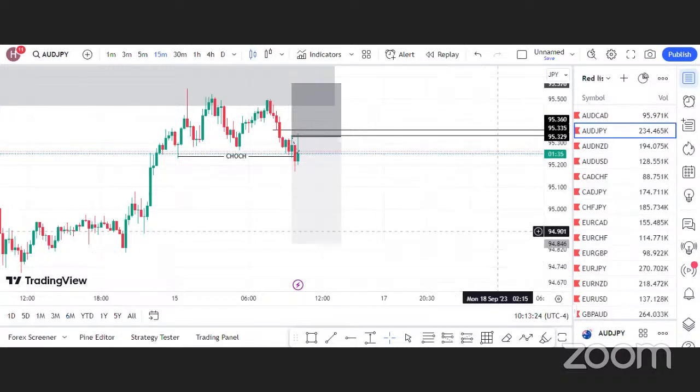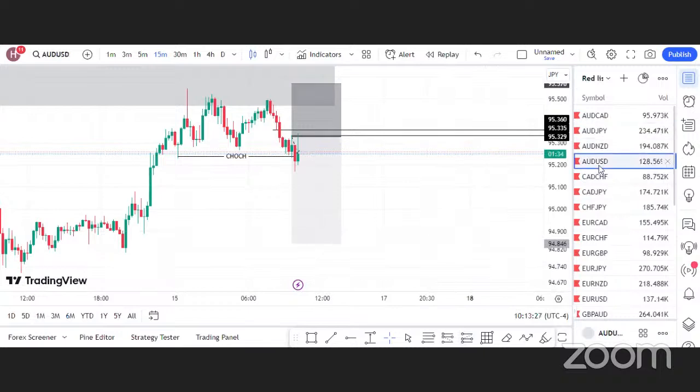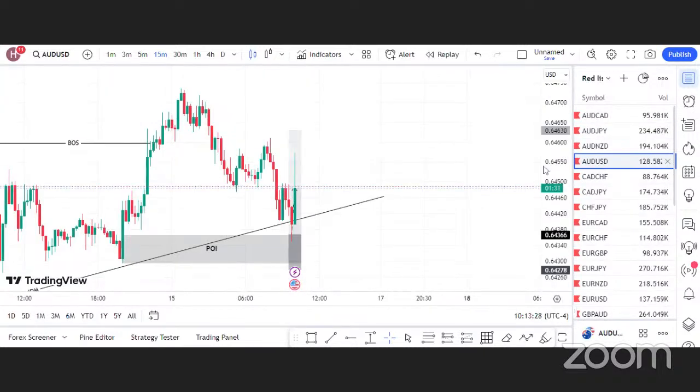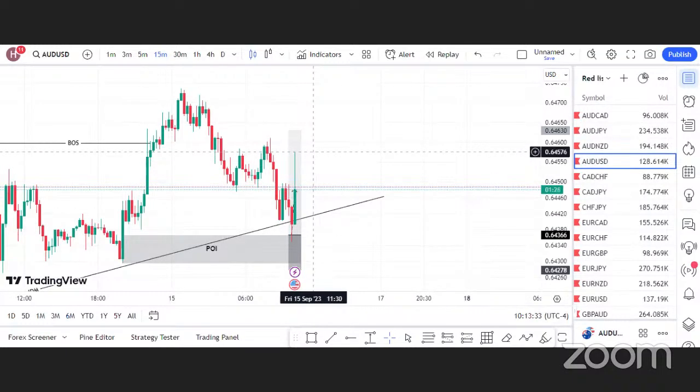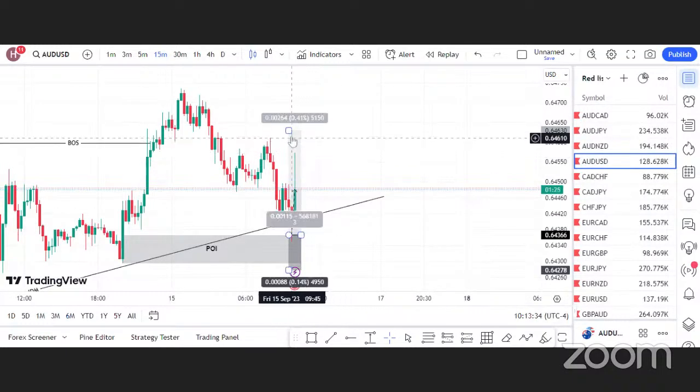The same thing happened. I hate missing entries, guys. See, the same thing happened here. Immediately it touched, look what happened. It came back to the top side immediately. So this is 1:3.